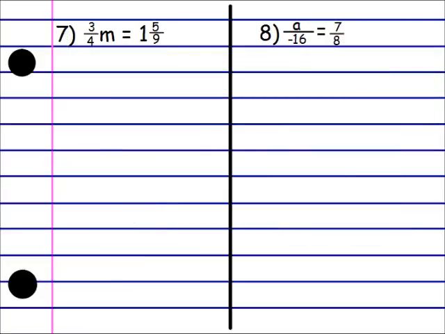Example 7. 3/4 m equals 1 and 5/9. We're going to highlight the number that's on the same side of the equation as the variable. So 3/4. We're going to rewrite the equation without it. m equals 1 and 5/9.